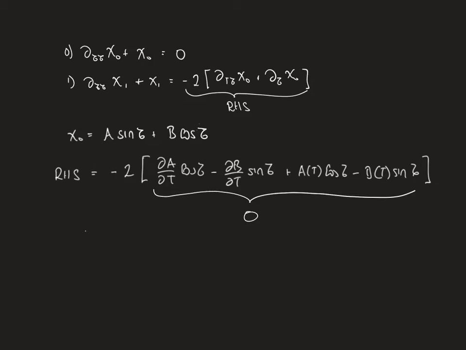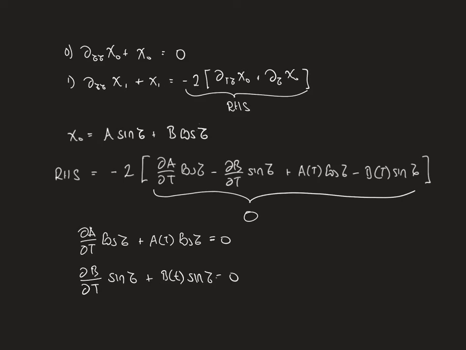The first group is going to be dA dt cosinus of t plus a t cosinus of t has to be 0. And the second one is basically the same, plus b t sinus of t has to be 0.